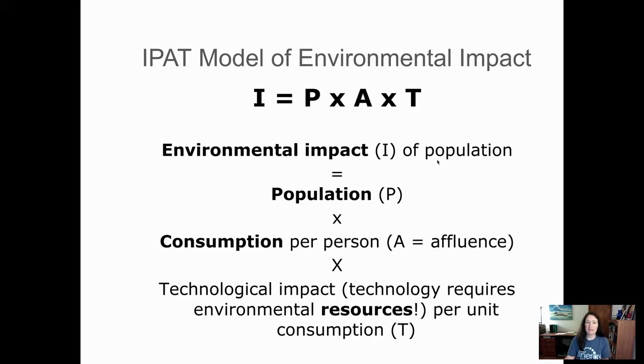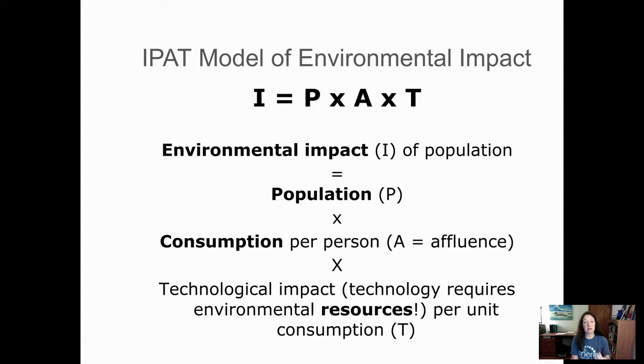So the ecological or environmental impact of a population, I, is equal to the population itself, that's the population size specifically, times the consumption per person, and that actually is just related to A, or affluence. Affluence is wealth, so countries that are more wealthy, developed countries especially, consume more resources. So the consumption per person is considered affluence, or A.